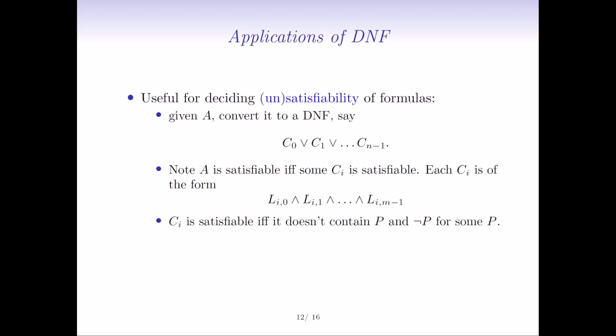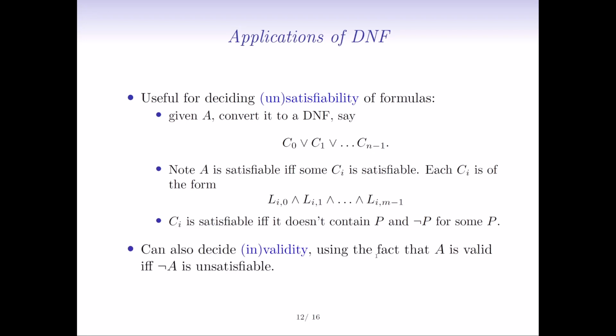Now, that results in a proper valuation if and only if the valuation doesn't have to set the value of some proposition to be true and false at the same time, which is going to be the case exactly if this conjunctive clause doesn't contain some proposition letter and its negation.